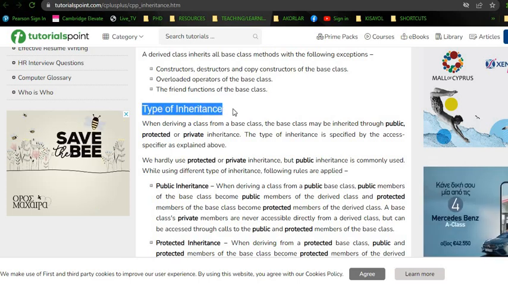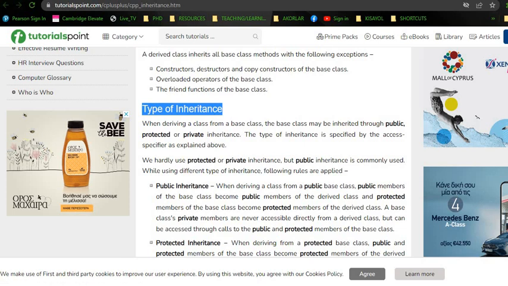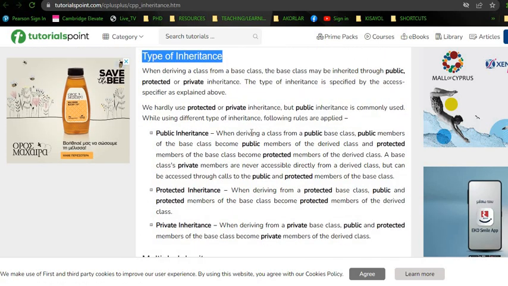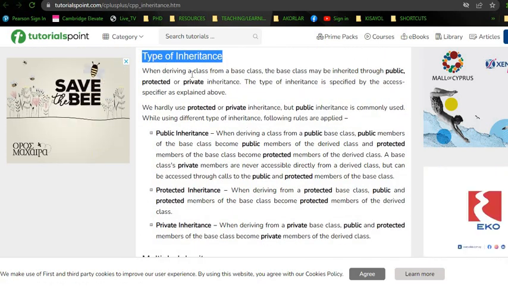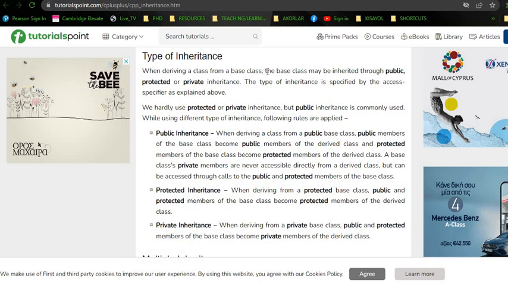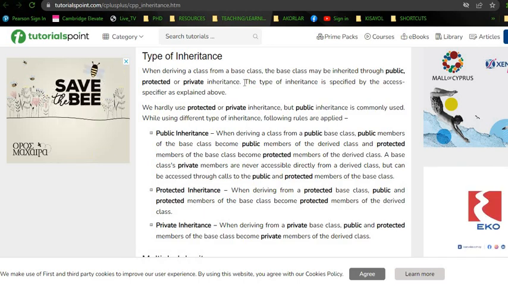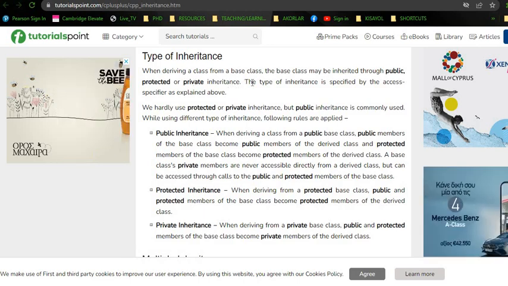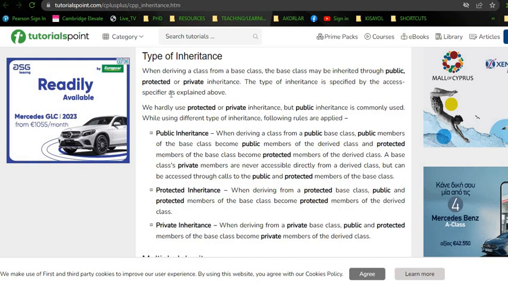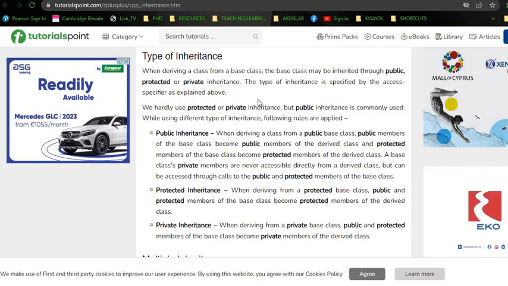Okay, the other topic is type of inheritance. When deriving a class from a base class, the base class may be inherited through public, protected, or private inheritance. The type of inheritance is specified by the access specifier as explained above.